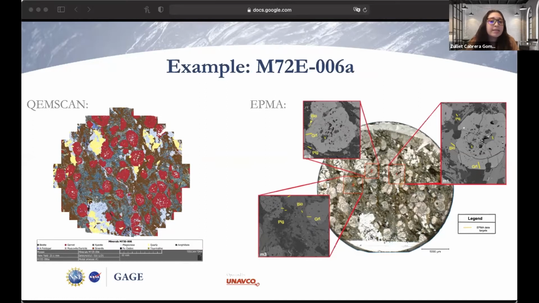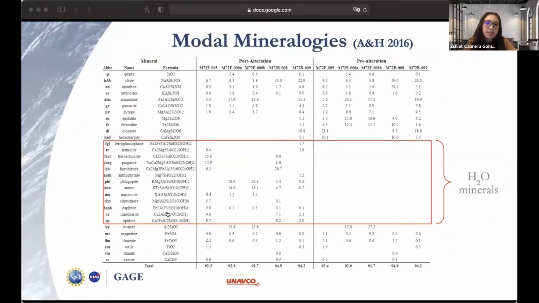Now, this information, both ChemScan and EPMA, was collected for each sample, and we were able to construct modal mineralogies of pre and post hydration, which can be seen here in this model. Here we see the minerals present throughout the thin sections, each individual one. Post-alteration refers to what we see in the present day.